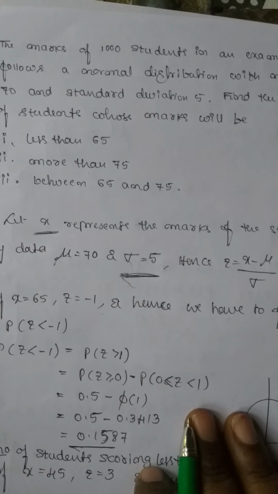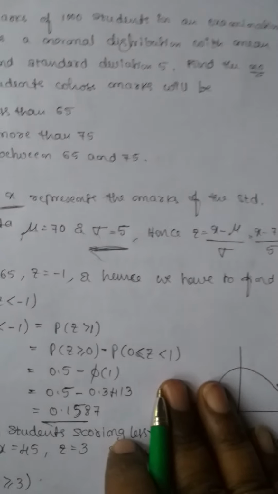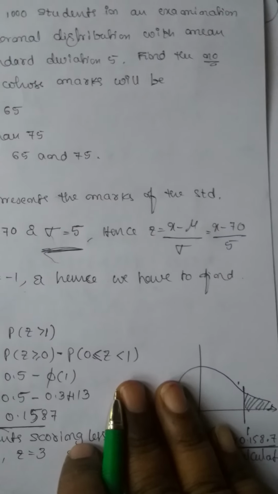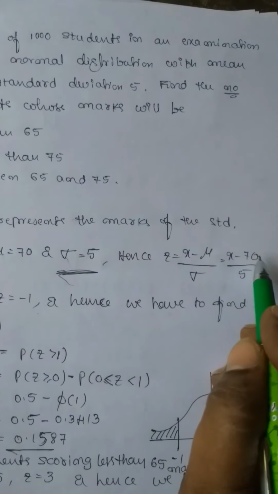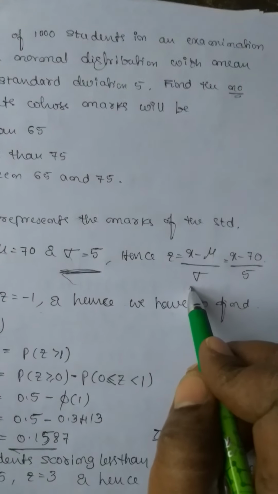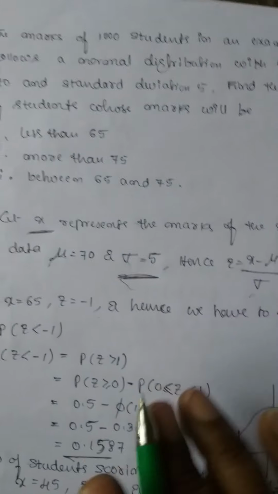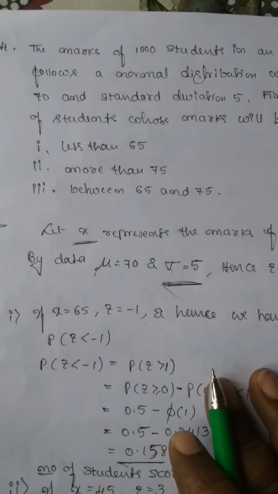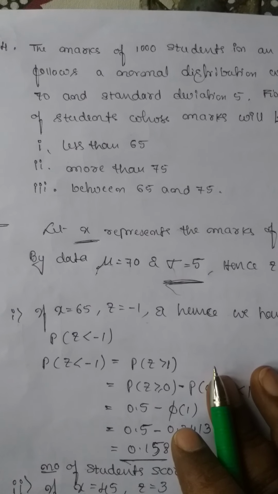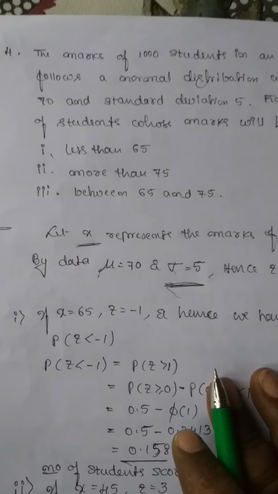It is very easy for us to go with the standard normal variate, that is z is equal to x minus mu by sigma, and we can substitute mu as 70 and sigma as 5 because they had given that. Now we can calculate z when x is equal to 65, because we are going to convert that in terms of z.